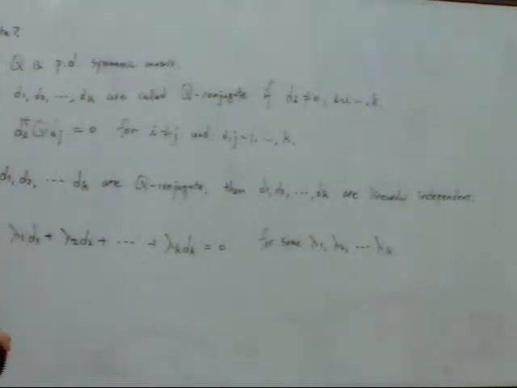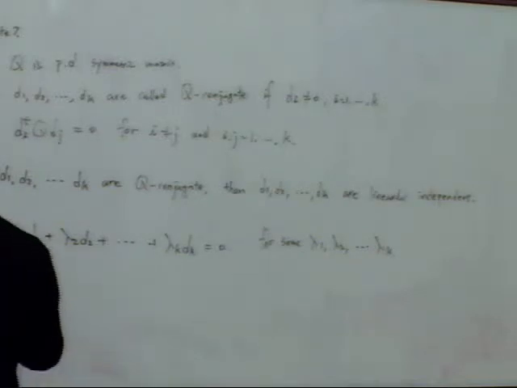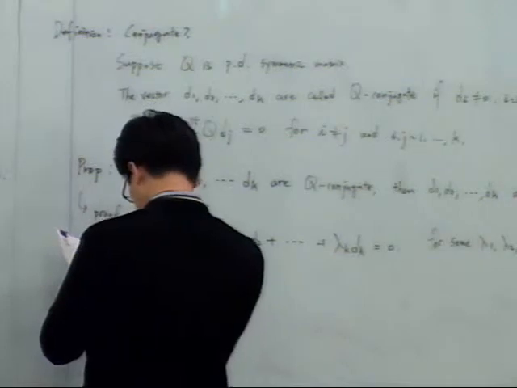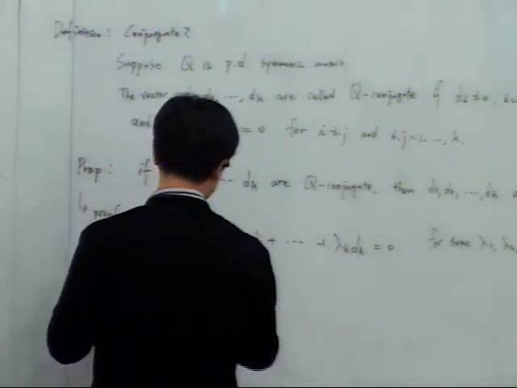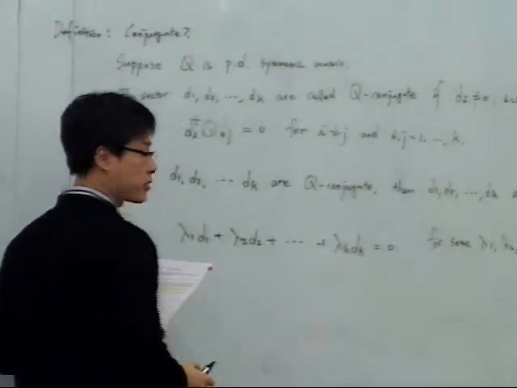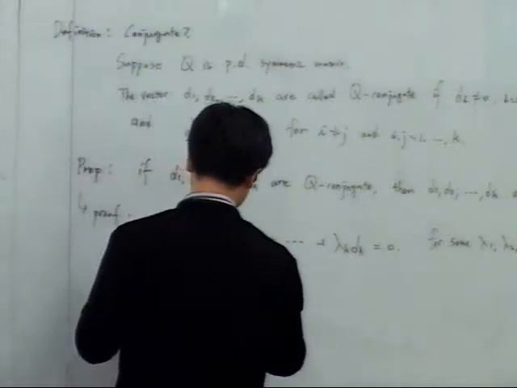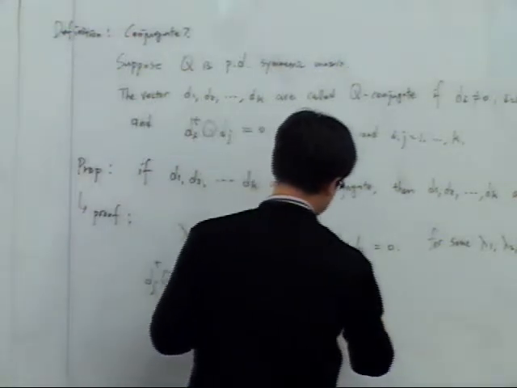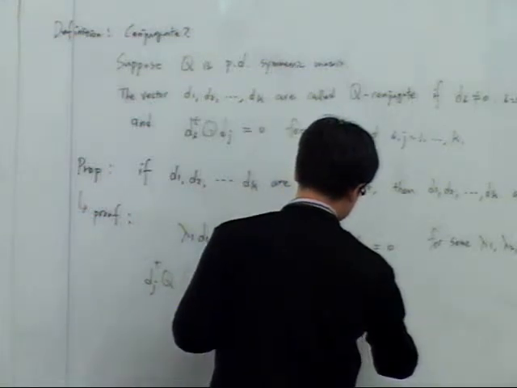Then what you do is multiply ej transpose Q in front of all these terms: lambda 1 e1, lambda 2 e2, up to lambda k ek.